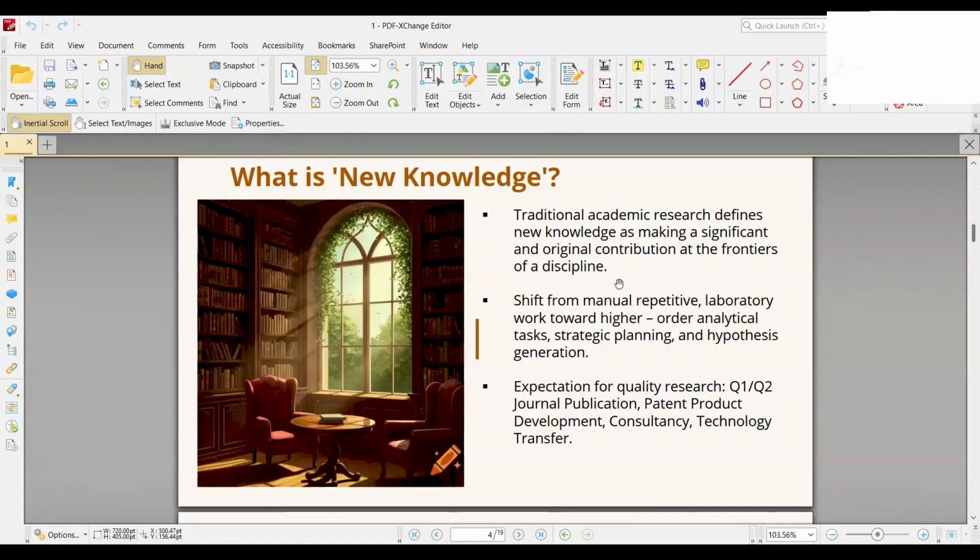So that we could be able to fulfill the expectations for quality research like Q1, Q2 journal publications, patent product development, consultancy, technology transfer.